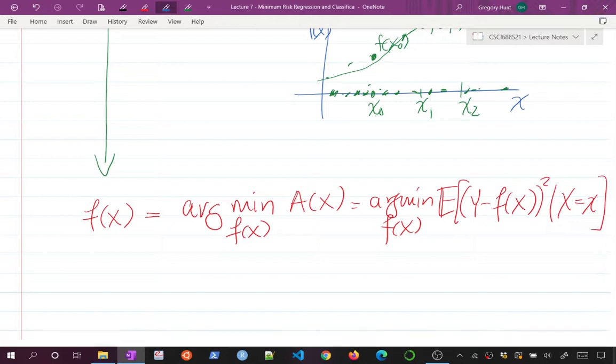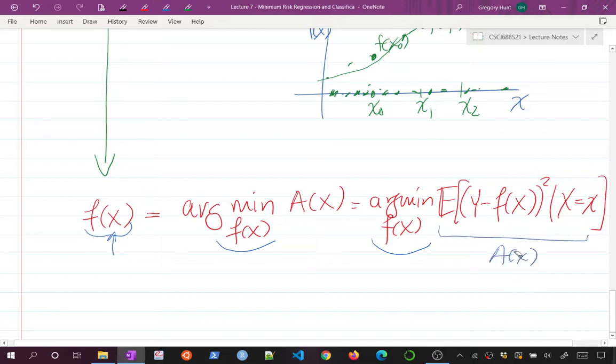So for f of little x, I'm going to choose my value of the function at little x so that I'm minimizing what I was calling a of x. A of x is exactly this. I'm choosing among all possible values of f of x, that is f at little x, to minimize this thing, which is what we're calling a of little x.